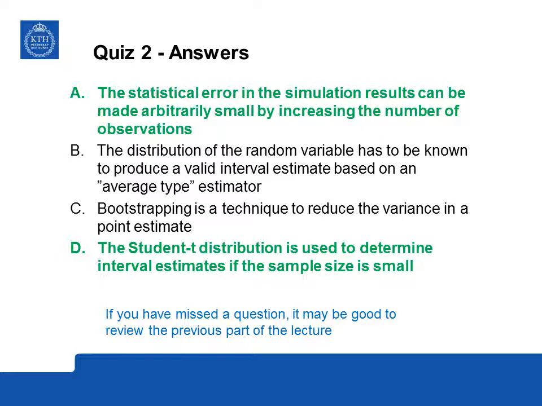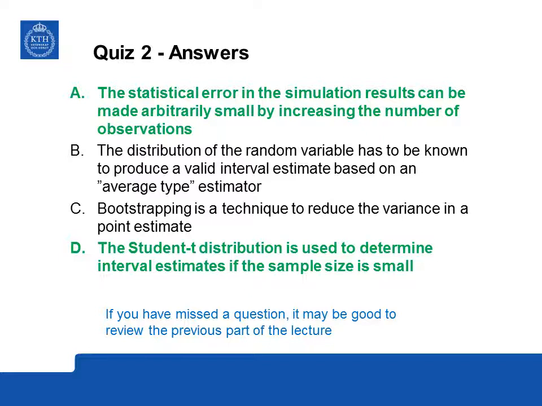That is not true, since for reasonably large sets of observations we can use the Gaussian approximation, and we only need to know the expectation and variance of the error, and we can use the sample standard deviation to make these types of estimate. Bootstrapping is a technique to reduce the variance in a point estimate. No, it's not. It's a technique to estimate the mean square error by using the empirical distribution based on the data.